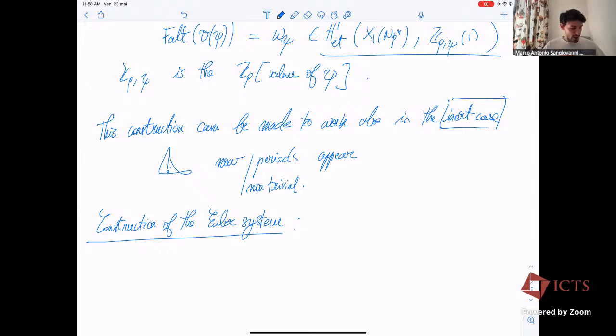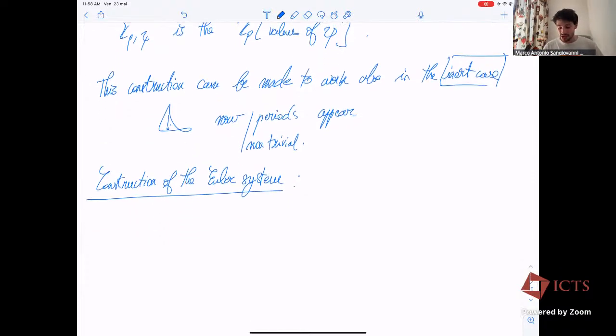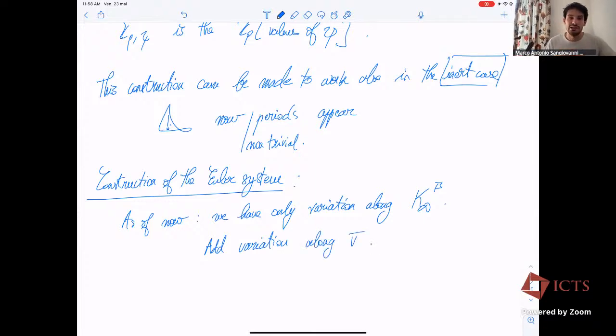Okay. So, construction of the Euler system. As of now, we have only variation along K_infinity,v. So we need to add variation along v bar, and the way you do that is just to add cyclotomic variation.